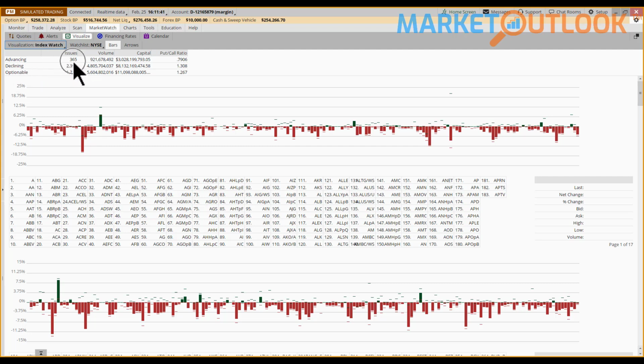There were only 365 advancing stocks within the New York Stock Exchange here today. There were over 2,300, nearly 2,400 stocks that fell today. So that was nearly a 7-1 differential there between your decliners versus your advancers.